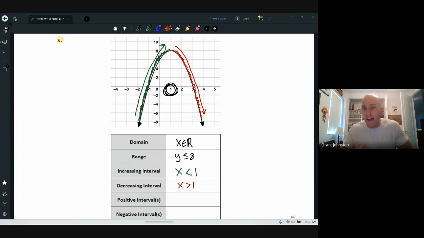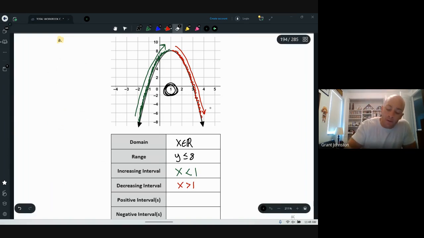When we're defining these intervals, we're always looking at the x. So when x is less than 1, it's increasing, and when x is greater than 1, it's decreasing. I'm going to erase this visual here to answer the next key feature.